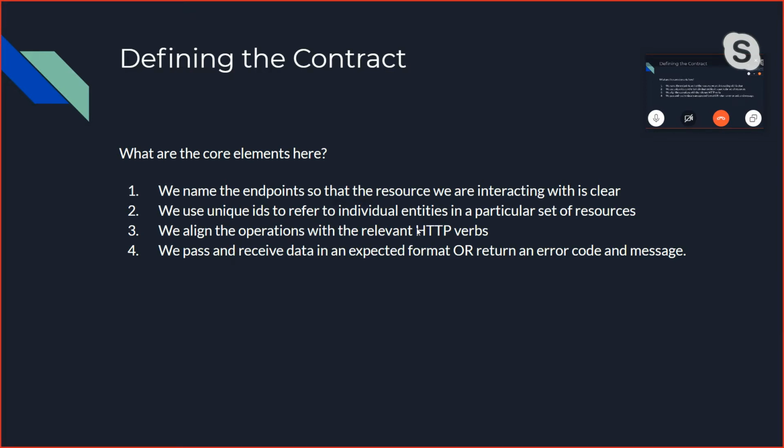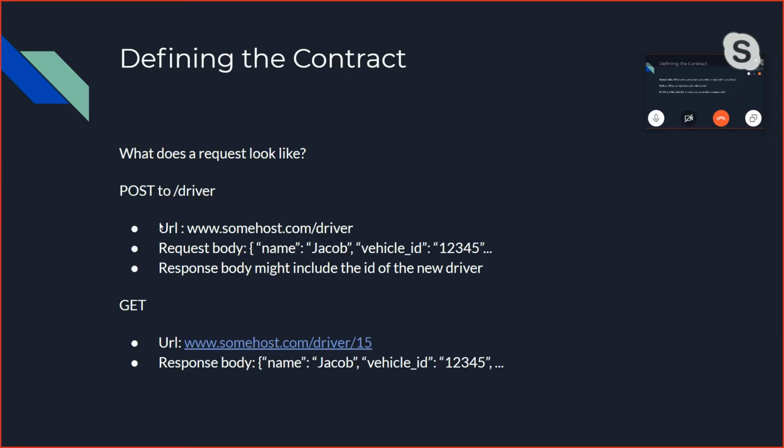Finally, when we're defining a contract, we want to set very clearly the information that we pass, the data that we receive, and the expected format for that. Or, if that operation isn't successful, what is the error code and the message we get back? So if I step back a second, you can see this notation here on the line that says request body. That's JSON, much like me, JSON, JavaScript object notation.